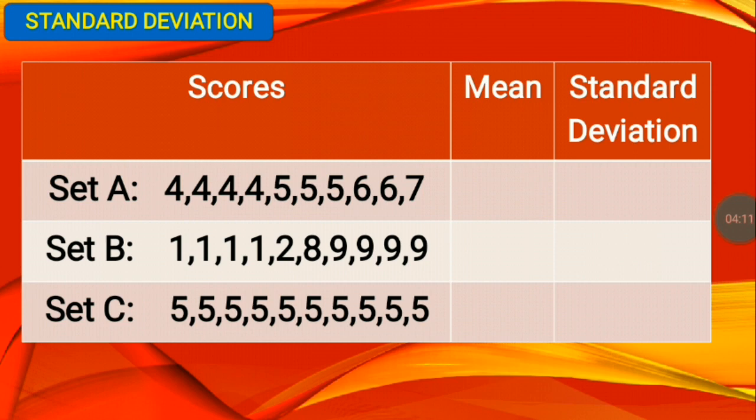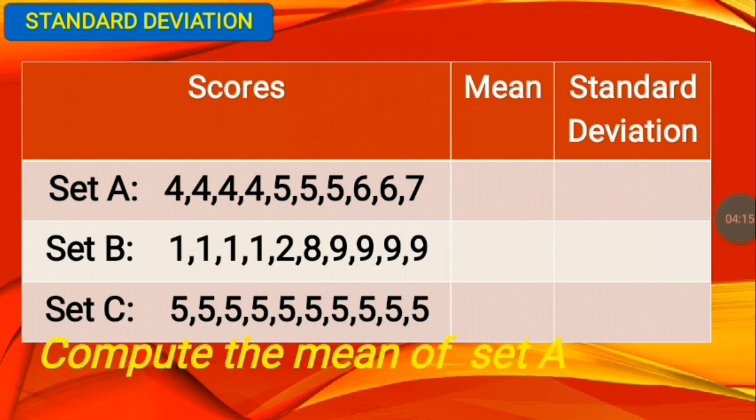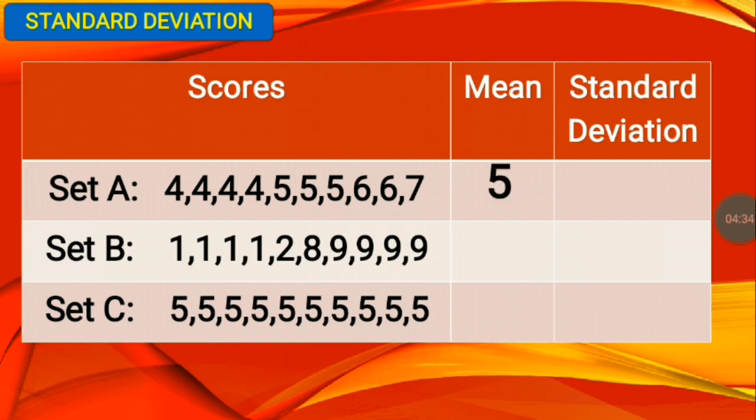What is the mean for set A? Compute the mean of set A. In order to solve for the mean, all you have to do is add the scores and then divide by the total number of observations. After solving, you will get 5.